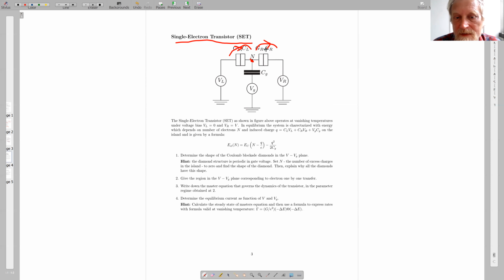Okay, what is important for us? It is the expression for Coulomb energy of the system. This formula is very important.